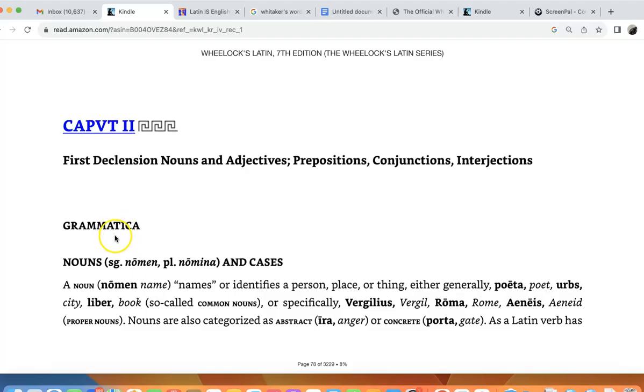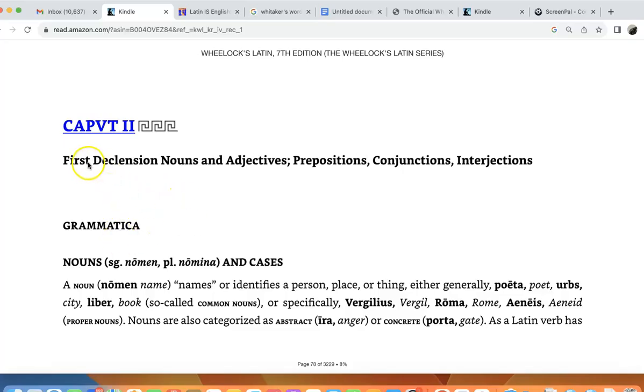And given the fact that each chapter is a combination of grammar and vocabulary and reading and numerous exercises, this really should be the bread and butter, as it were, of your lessons in any case.